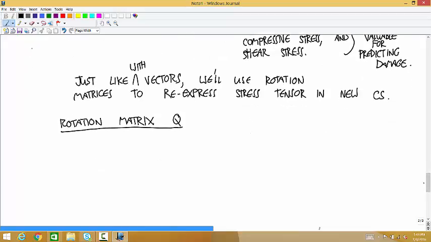So let's say there's a coordinate system A and a coordinate system B, okay?